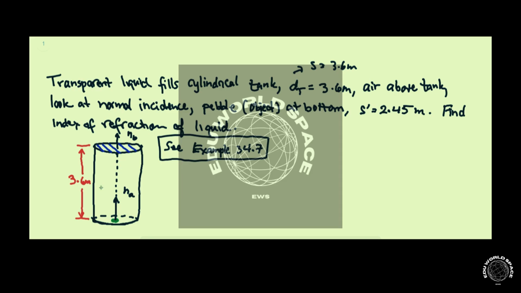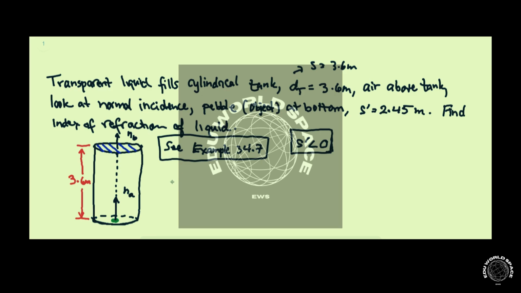Everything in this tank will be considered the incoming side of the light, and when it exits, that's the outgoing side. Since the image is on the incoming side, by the sign convention in section 34.1, that means that S prime is negative. Okay, that's something important to keep in mind. If you don't correctly account for this, you will end up with a negative index of refraction.